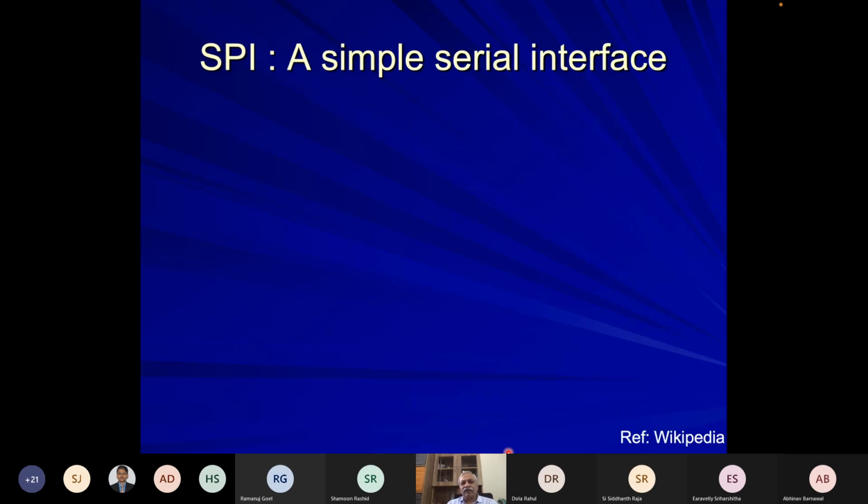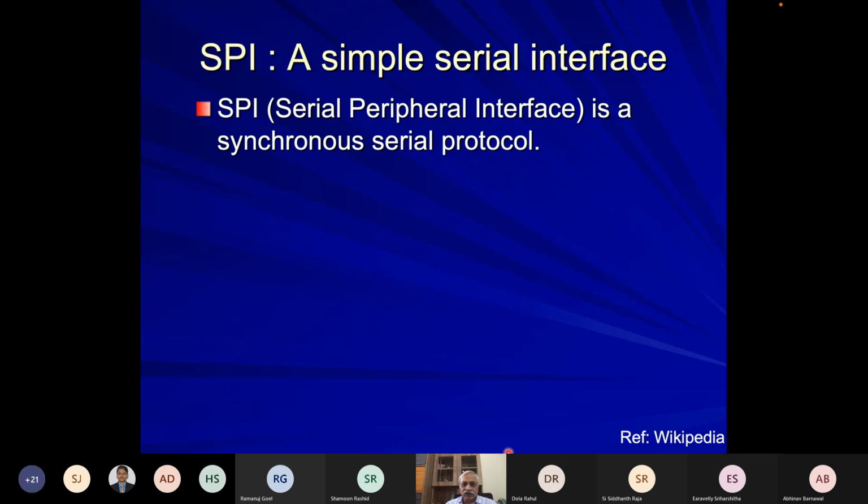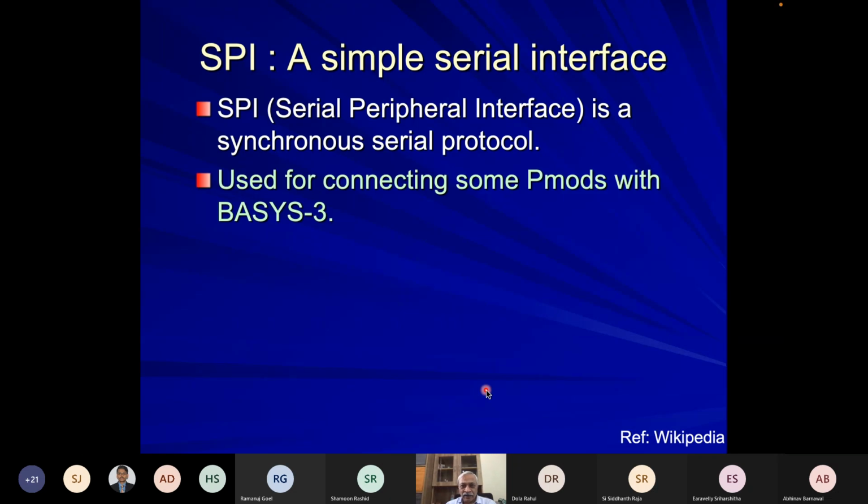Another example I want to take is a serial bus where the clock is shared. So SPI, or serial peripheral interface, is a synchronous serial protocol, and in the FPGA board which you use in the lab, this is used to connect the FPGA board with some peripheral boards.